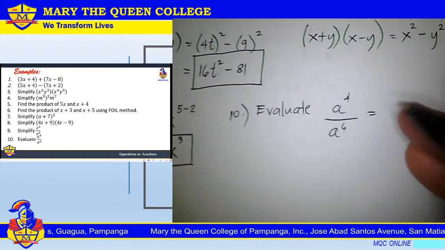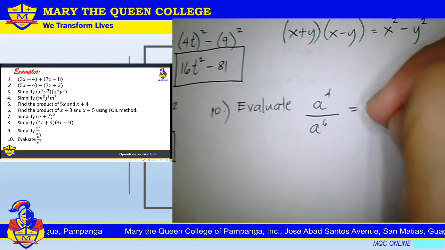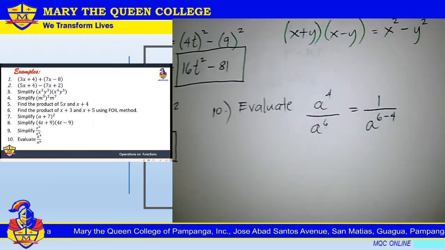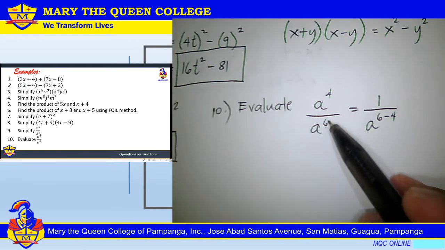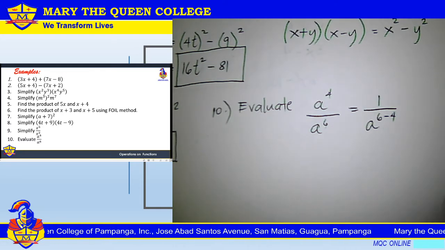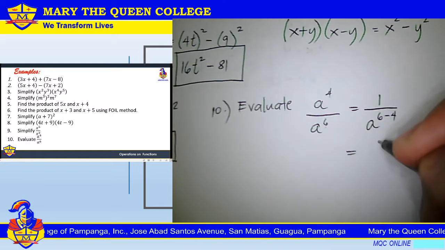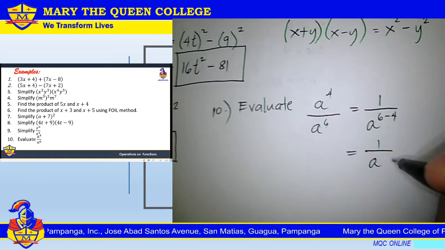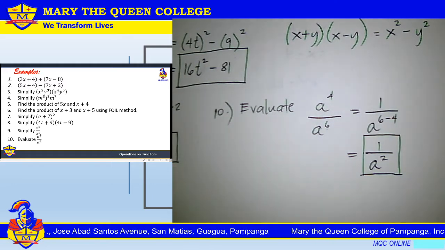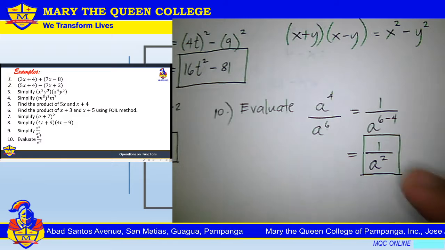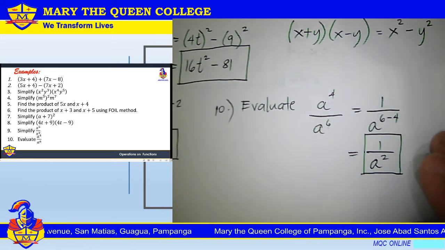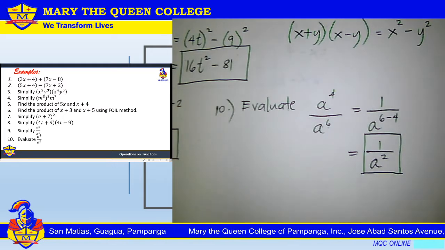So, what we will do here is, ganito lang po kasimple, 1 all over a raised to 6 minus 4. So, isasubtract naman natin yung exponent nung nasa baba saka yung nando sa numerator. So, simplifying it further, we have 1 over a square. So, this is now our quotient. Okay? So, this applies the rule, yung second rule po sa division of exponents.